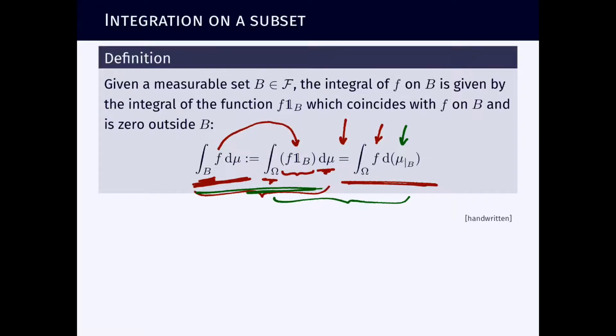And this standard procedure consists in the following. It consists in first assuming that f equals the indicator of A for some A in the original sigma algebra of the underlying measure space.